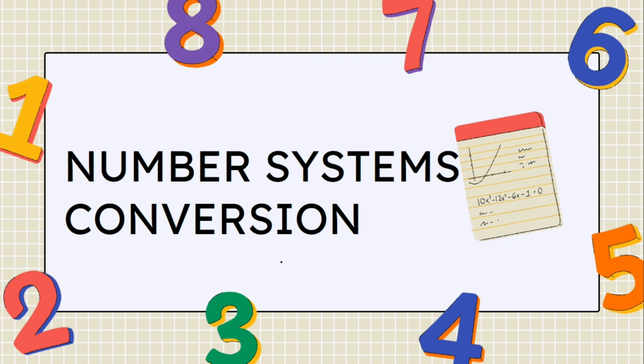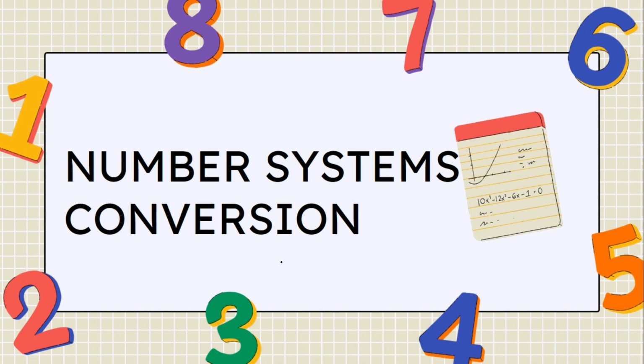Number systems conversion. So, in this topic, numbers can be represented in various numerical systems such as binary, decimal, and hexadecimal. Additionally, any number expressed in one number system can easily be converted to another.